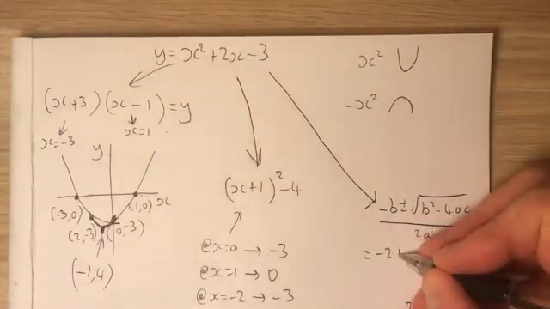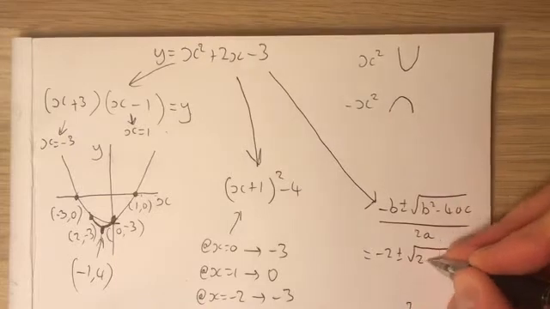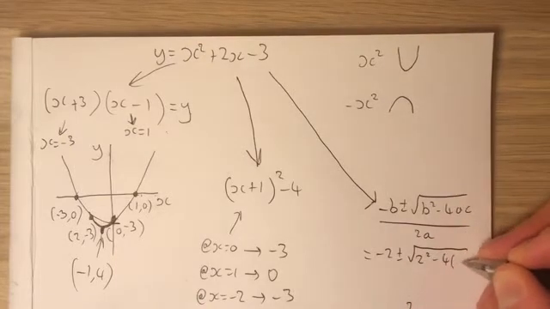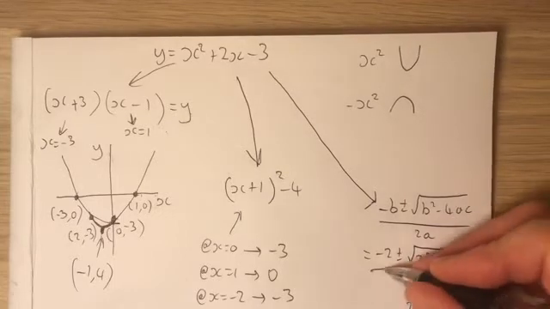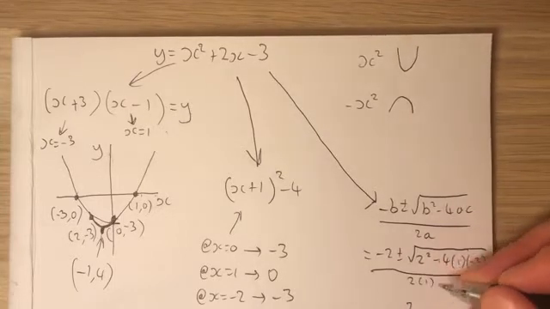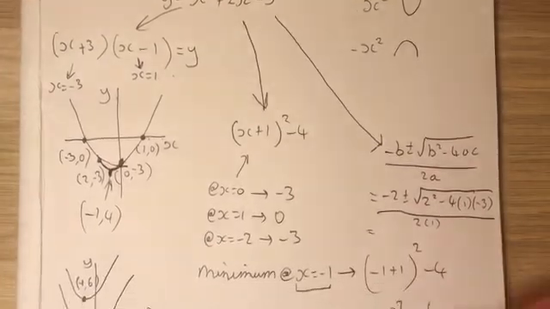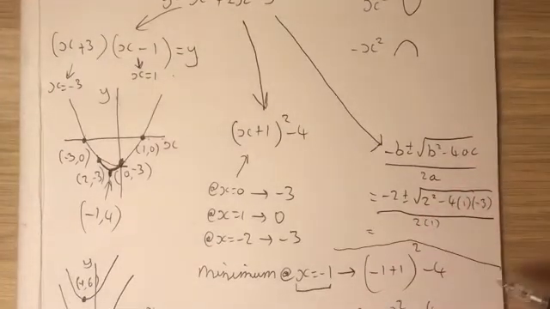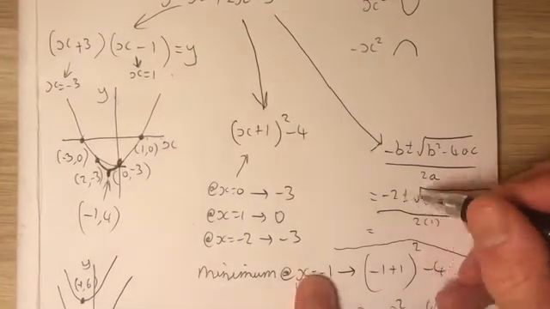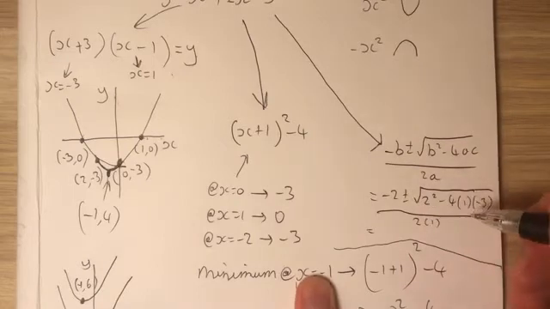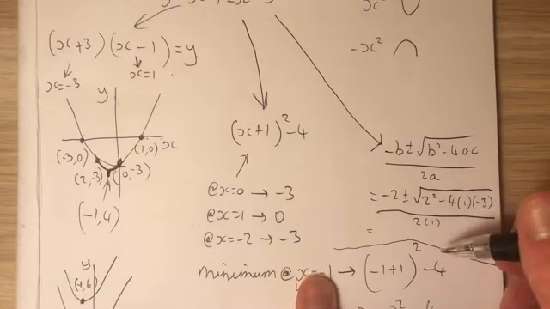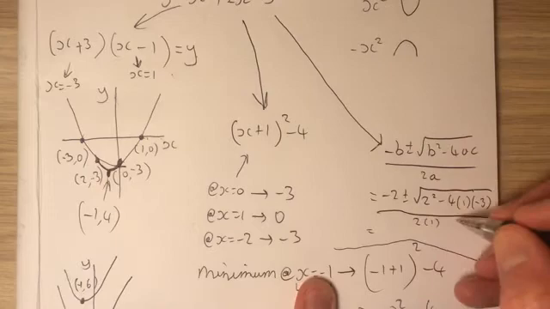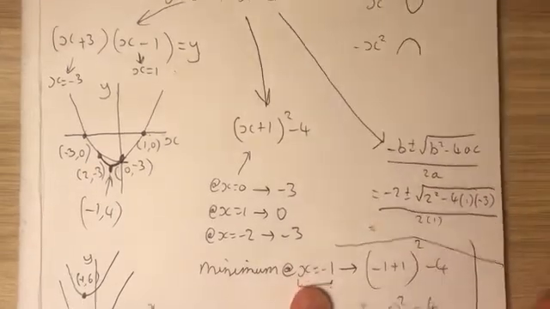So -2 plus or minus the square root of 2 squared minus 4 times 1 times -3 all over 2 times 1, which is going to give me... okay, let's just go down to here.